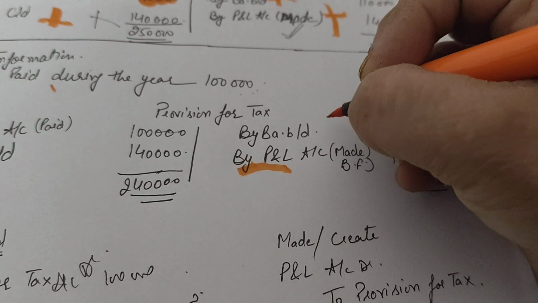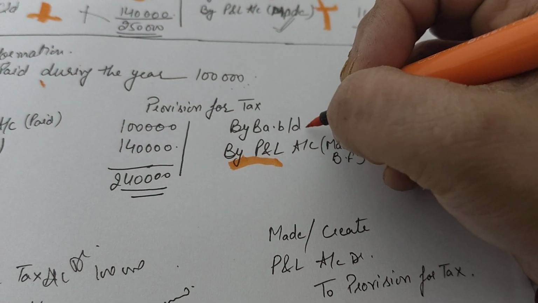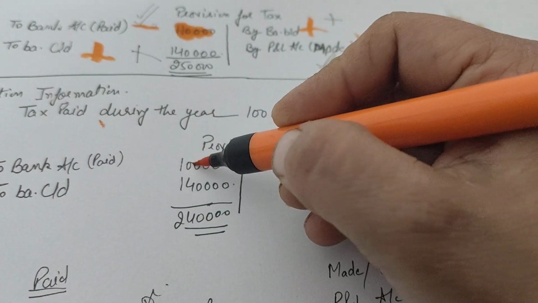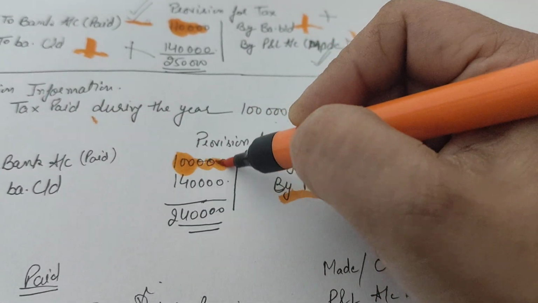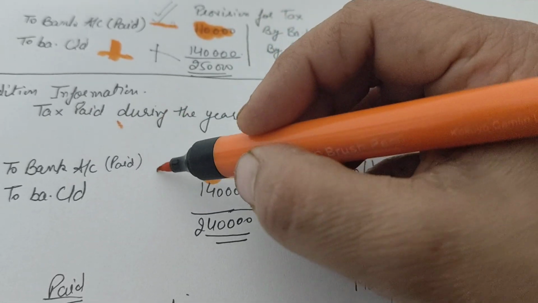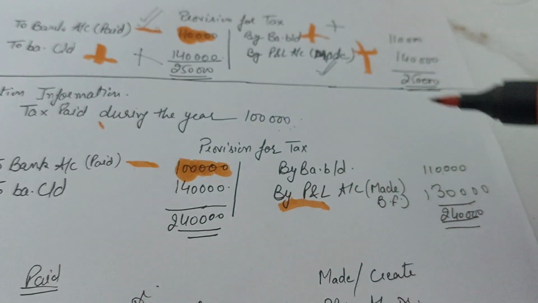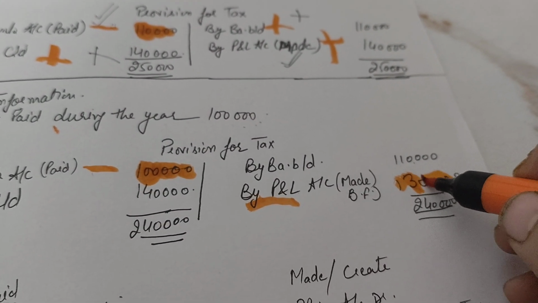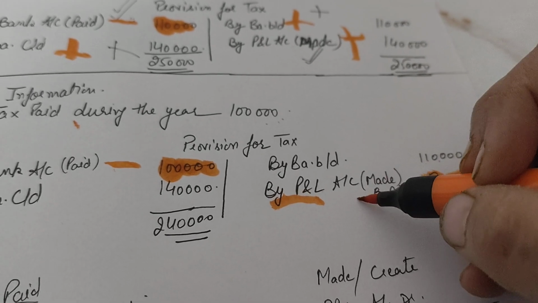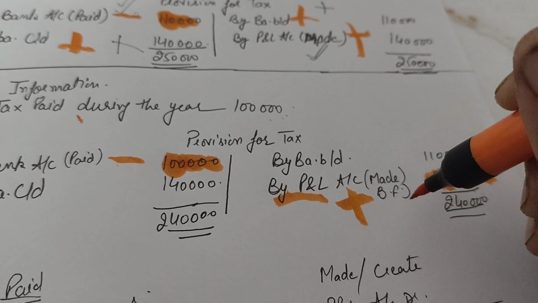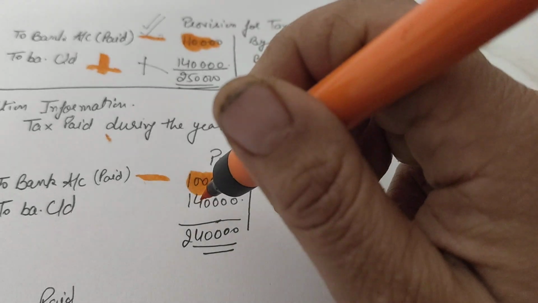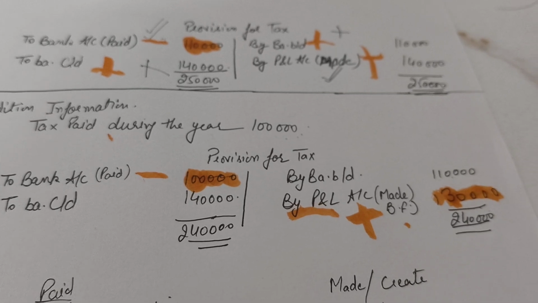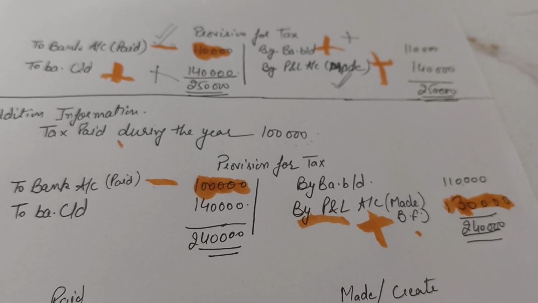We are not considering the brought down value or the carried down value for operating activity. Rather, we will treat this 1 lakh rupees as paid in the operating activity. It would be deducted, and this made value, that is your P&L value, would be added in your operating activities. Rest other information will not be used in your cash flow statement.